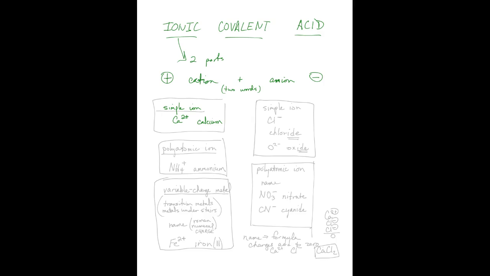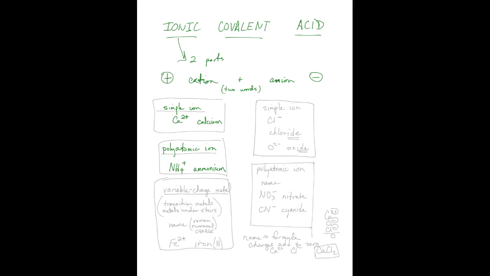The second kind is a polyatomic ion. Now this is just about as simple. You just write the name, but in this case we have a little more complex situation because we have a group of atoms that have a charge, and so the group has its own name, ammonium. So we just write the name ammonium.